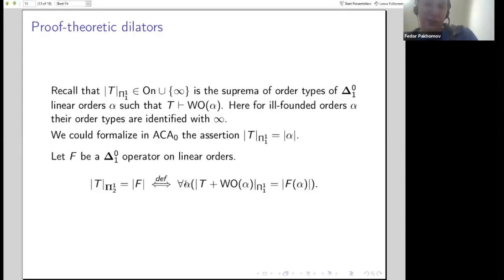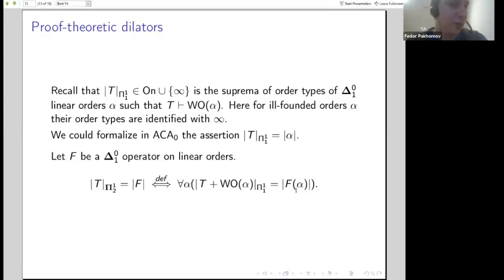And the point is that the theory T that we consider was Π12 sound. This gives us a certain function from countable ordinals to countable ordinals. And so we want to characterize this function.